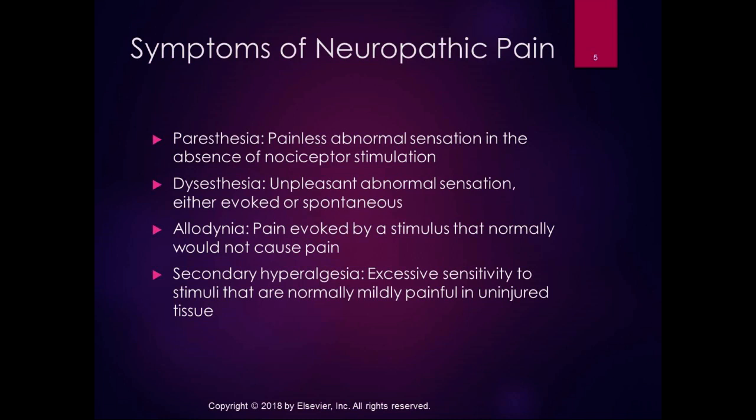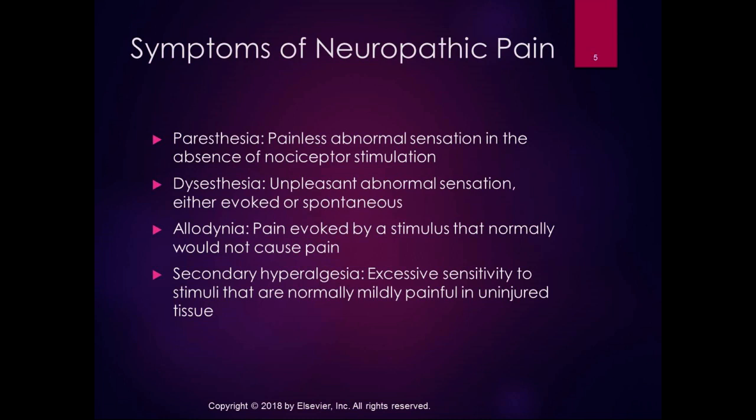It's just an abnormal sensation. We're not getting any stimulation of nociceptors, but we're getting weird sensations. Dysesthesia is an unpleasant abnormal sensation that's either evoked or spontaneous. So a dysesthesia can be caused by nociceptor stimulation, or it can just arise spontaneously.